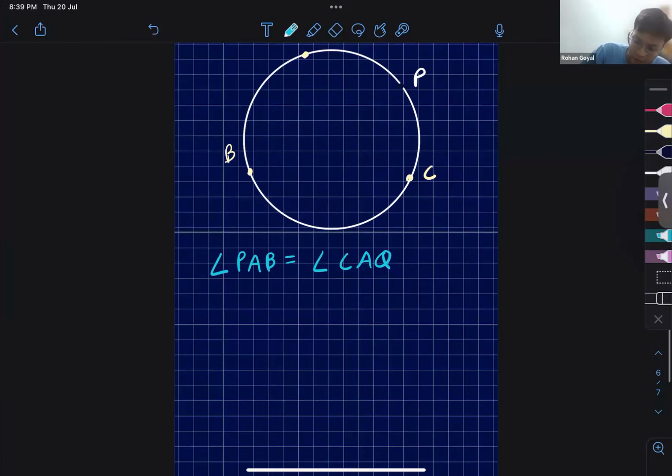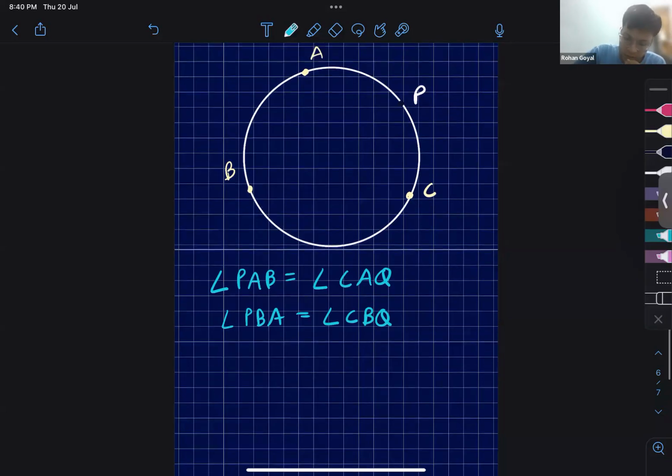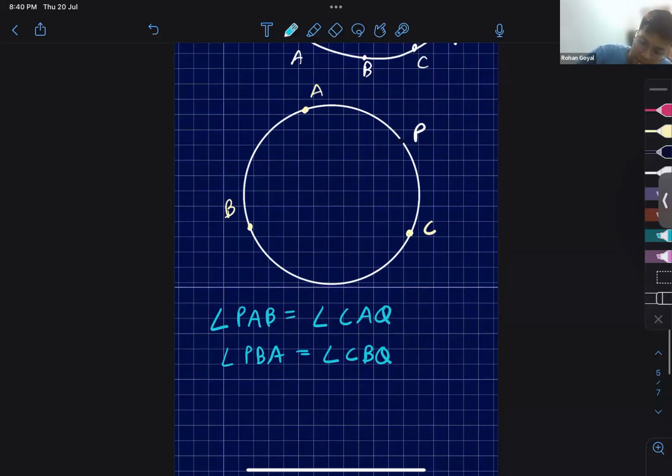PAB is equal to CAQ, and similarly, let's say PBA is equal to angle CBQ. So now you had this line, it goes somewhere like this.